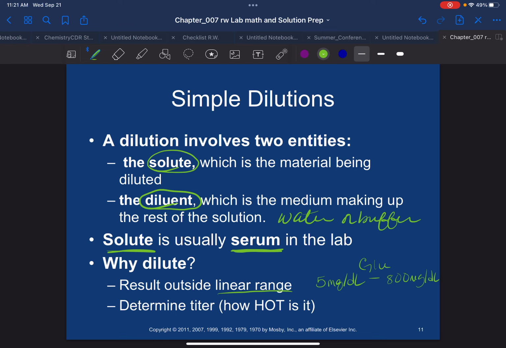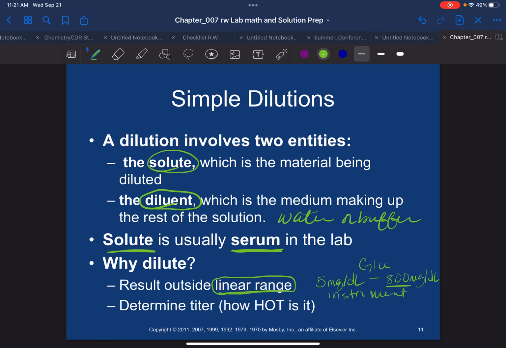That could be the linear range of the instrument, the equipment. So if a patient's glucose is 1,000, it's outside what our instrument can measure, and we would have to do a dilution.